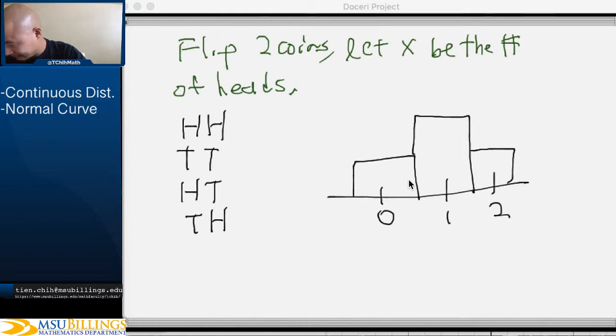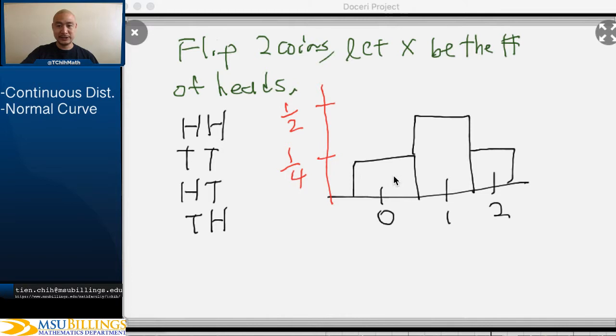I really like having an infinite palette of colors, even though I'm going to use a couple of them. If I sketch it like this, then this little rectangle represents no heads, and that's this event here. This rectangle here corresponds to one heads, and that's these two events down here. This third rectangle represents two heads, and that's this event here.